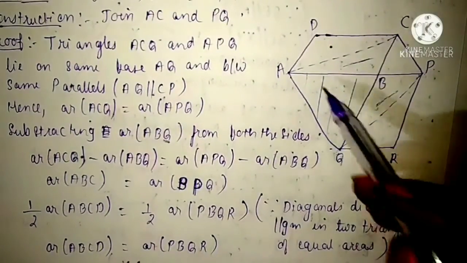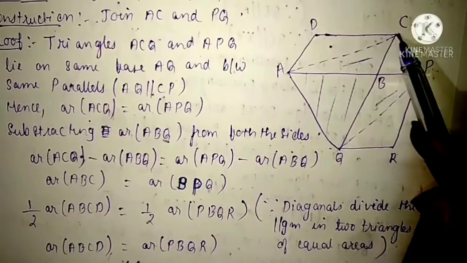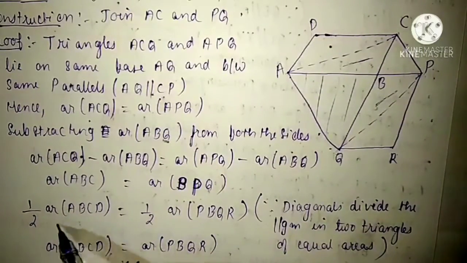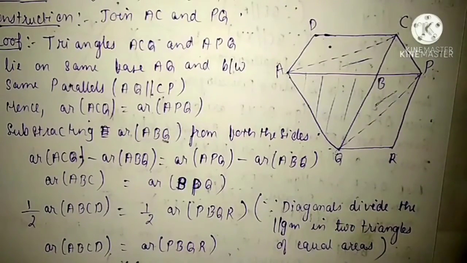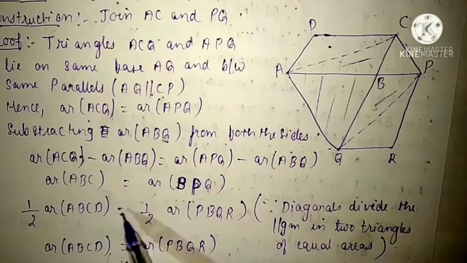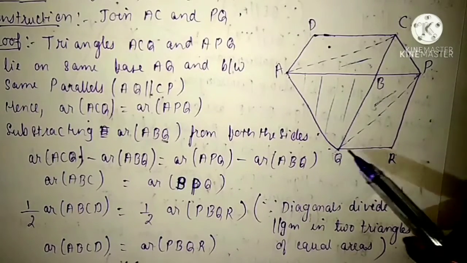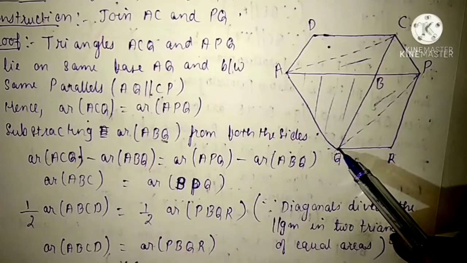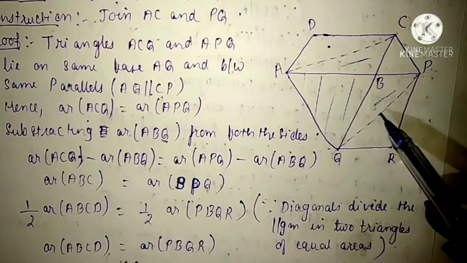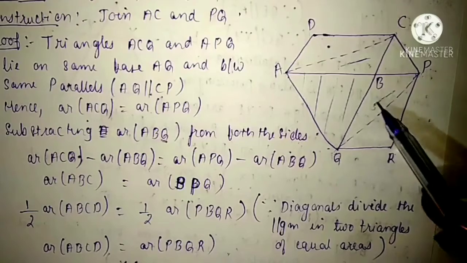So instead of area of ABC, we can write half of area of ABCD parallelogram, okay. So instead of this we will write this, then equals to, here also PQ is a diagonal and it will also divide this parallelogram into triangles of equal areas.